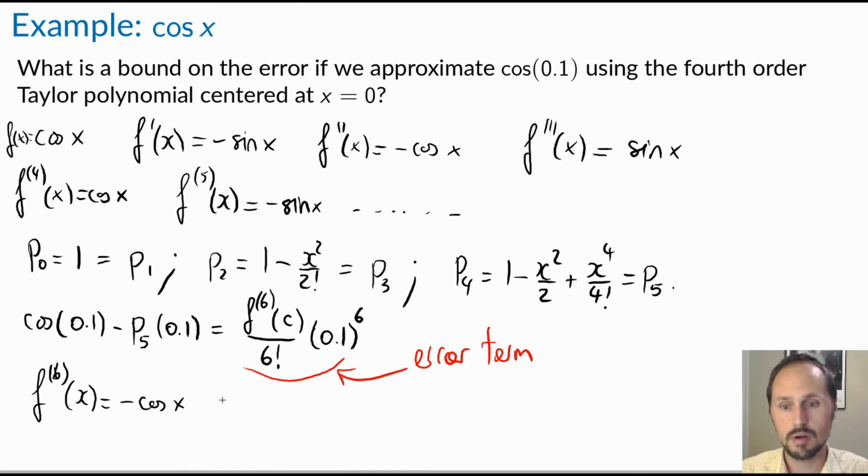And here we're thinking of c, which is going to be between 0 and 0.1. So negative cosine is going to be something that's negative, because cosine is positive for c between 0 and 0.1.